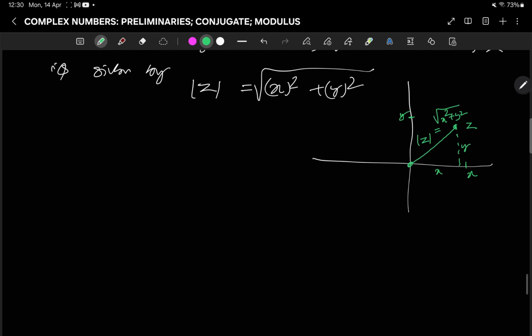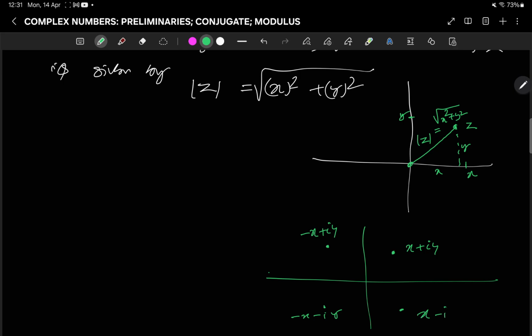So now it is immaterial. z may be anywhere: z may be here in the first quadrant, or z may be here, or here, or here. It is x plus iy, it is minus x plus iy, it is minus x minus iy, it is x minus iy.